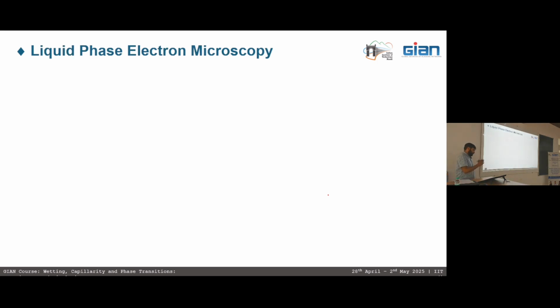Now let us discuss more about liquid phase electron microscopy. As we discussed in this lecture, it has two major requirements. One is that the sample should have encapsulated water.